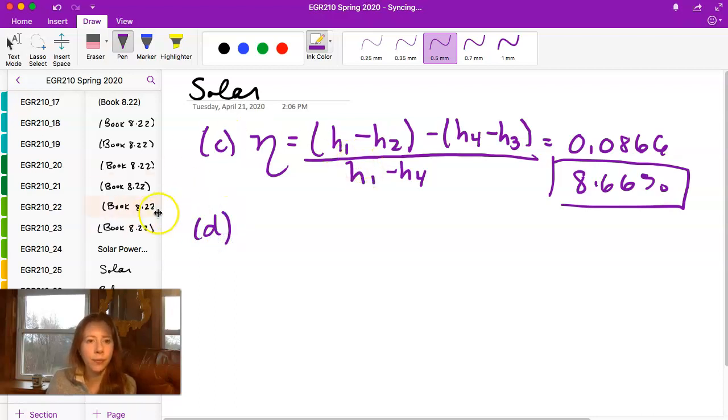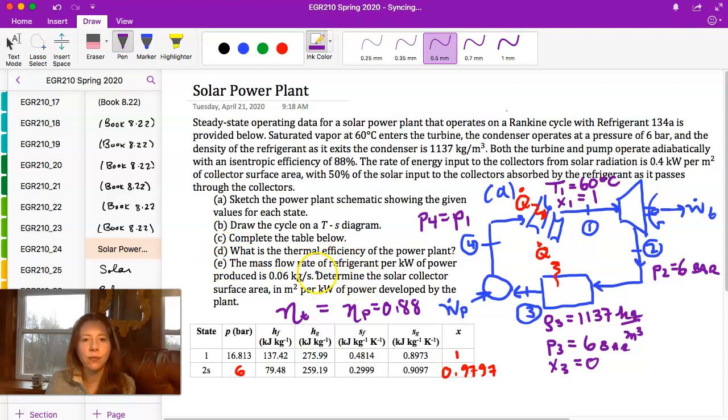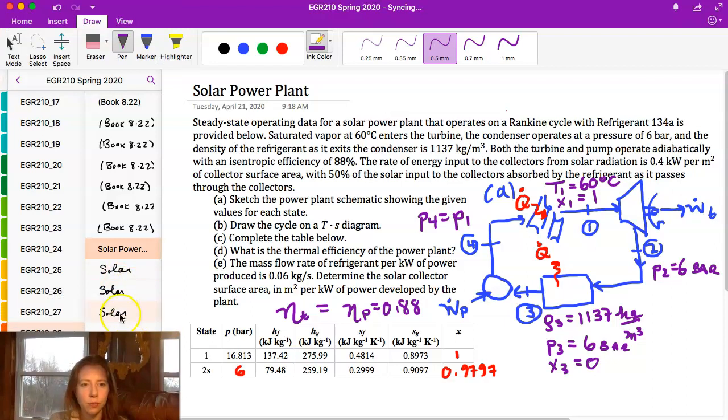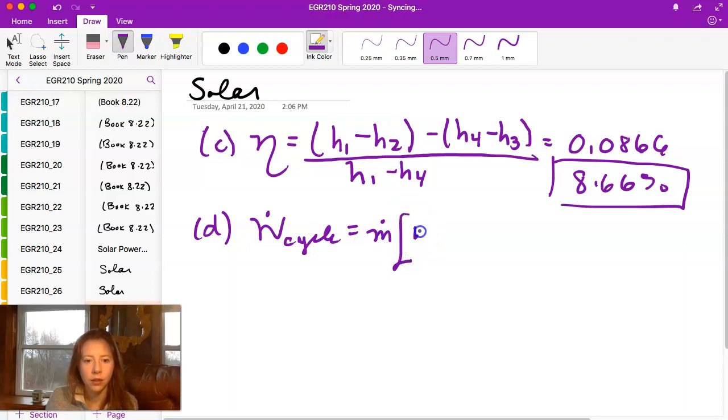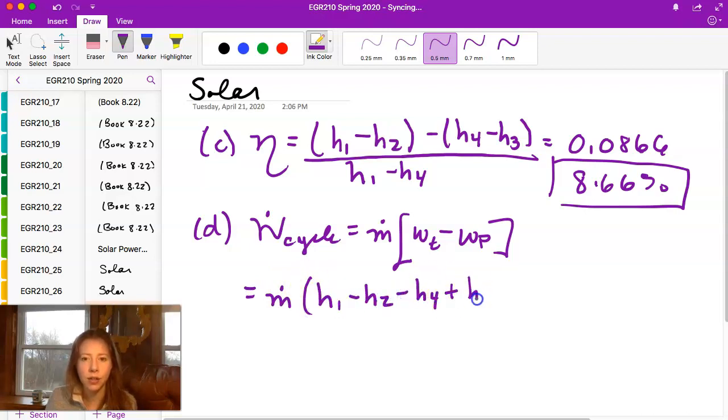Okay, so for D, we have the mass flow rate of refrigerant per kilowatt of power produced is 0.06 kilogram per second. We need to determine the solar collector surface area in meters squared per kilowatt of power. Okay. So for this, we know that W cycle is going to equal m dot times WT minus WP, which is going to be m dot times H1 minus H2 minus H4 plus H3.